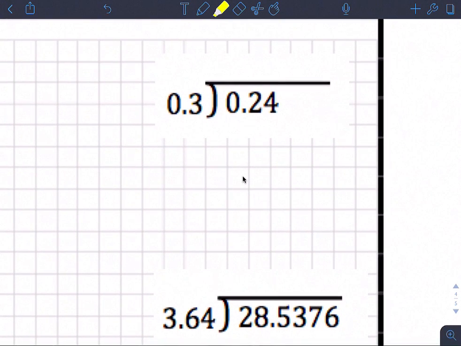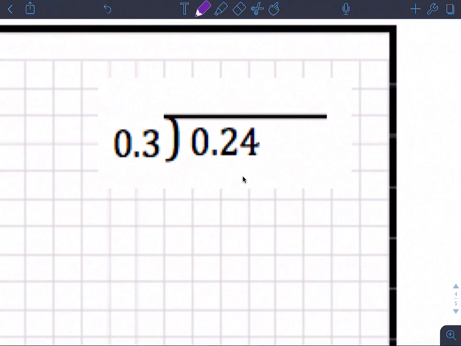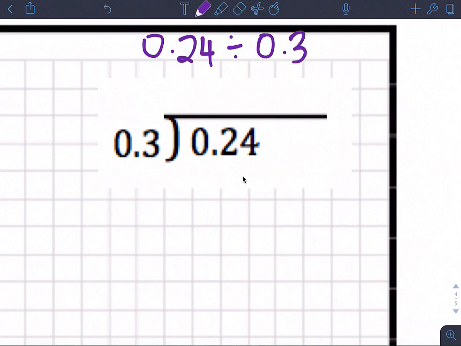Alright, let's do another example. Again we are going to look at the number on the outside, and if we were to see this written a different way, it would look like this. So if you're looking at how to set it up, this is what it should look like.